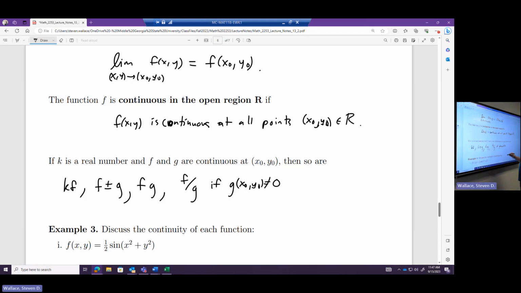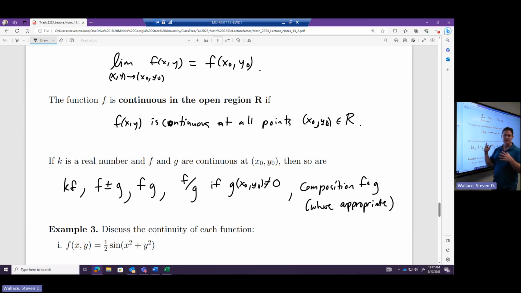And then there's another one about composition. I'm not talking about the domain and range having to be correct for the composition to still be a continuous function.